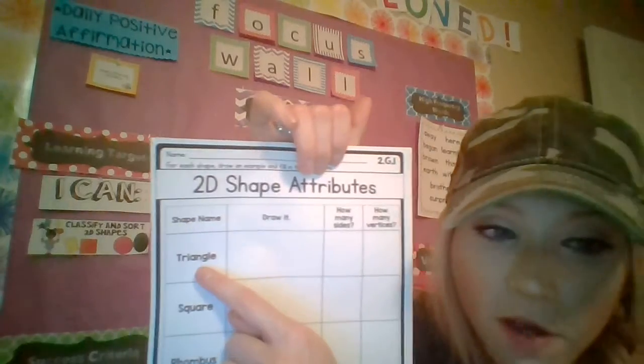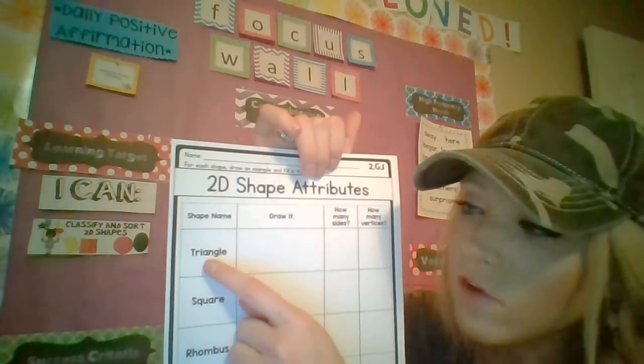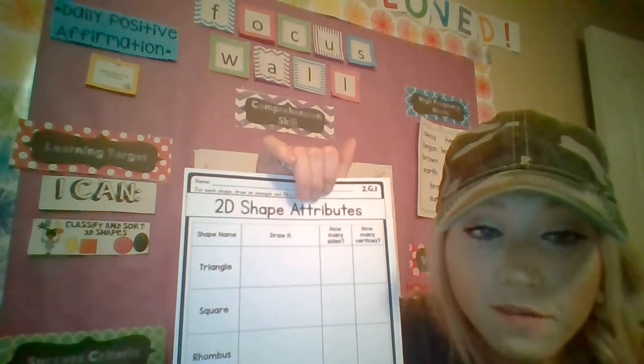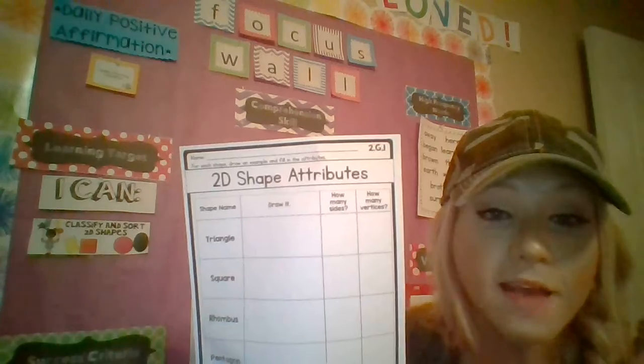Also, underneath where it says how many vertices, also write how many angles. They didn't have that on there. And since we just learned about quadrilaterals, under the name of the shape, see how it says triangle right there? If it's a quadrilateral, write quadrilateral. If it's not, write not a quadrilateral. That way you're using what we just learned on your practice sheet as well.